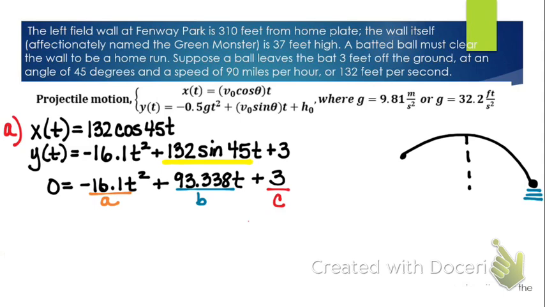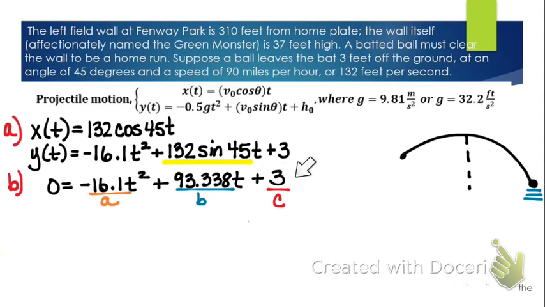So on part B, to find our maximum height, first we need to figure out how long it takes for it to return to the ground. So that's what we're trying to find now, is how long it takes the ball to return to the ground.